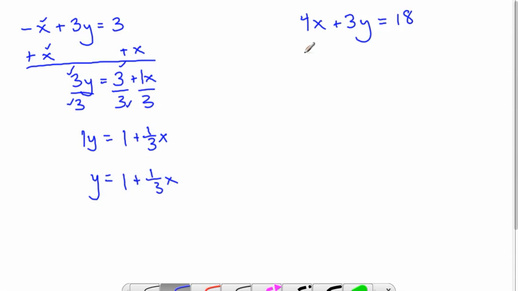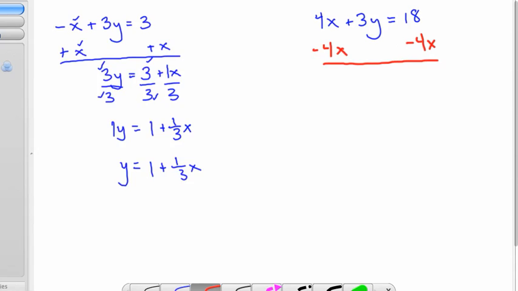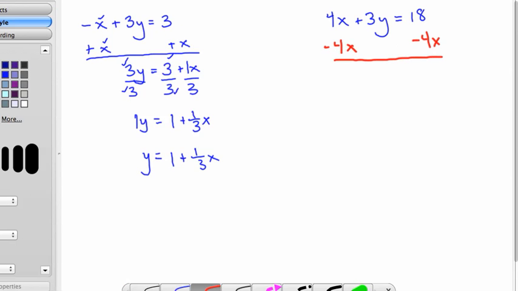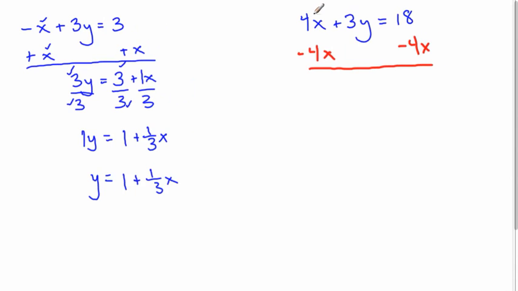Alright, so let's do the other one. I'll change colors here. I'm going to subtract 4x, subtract 4x. These check out, and I got 3y equals 18 minus 4x.